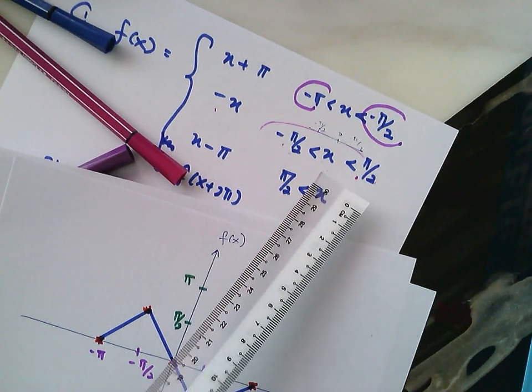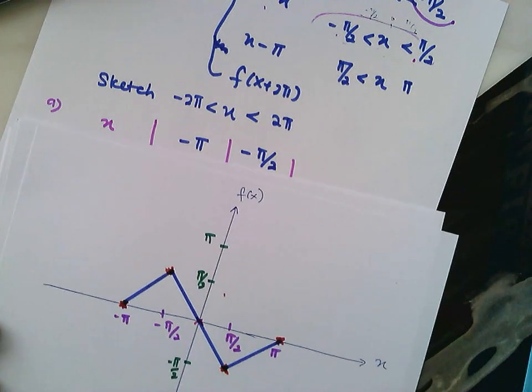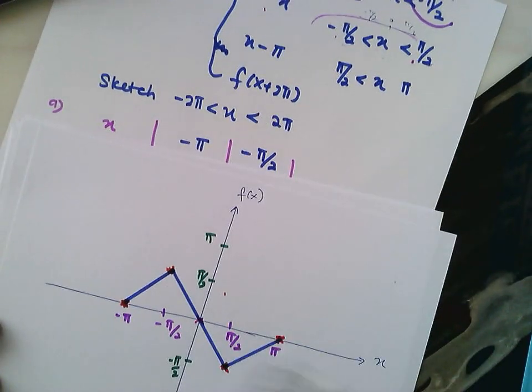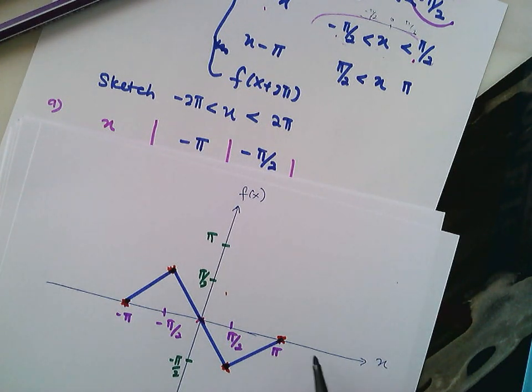But you were asked to sketch from negative 2 pi to 2 pi. So you need to have until 2 pi here. If this is pi, so 1 here is pi plus half, so you will have 3 over 2 pi here.